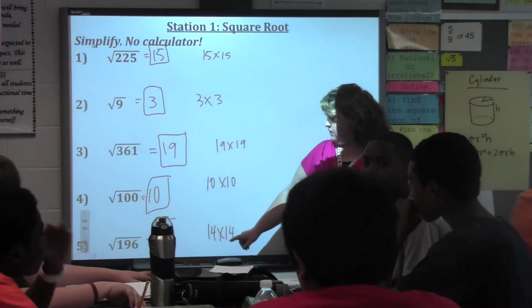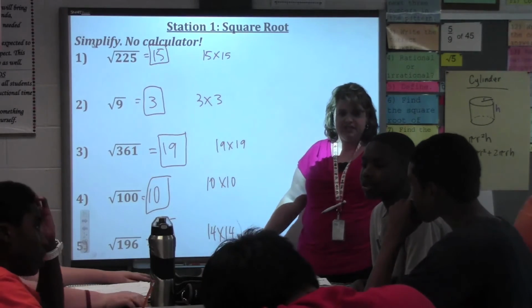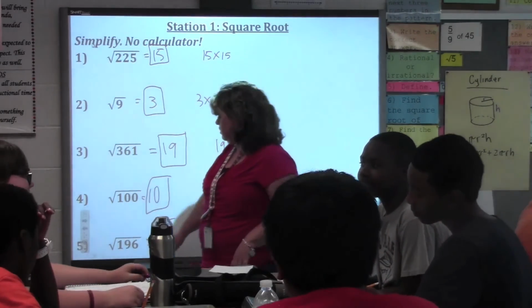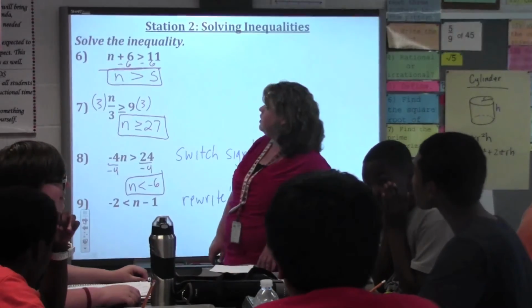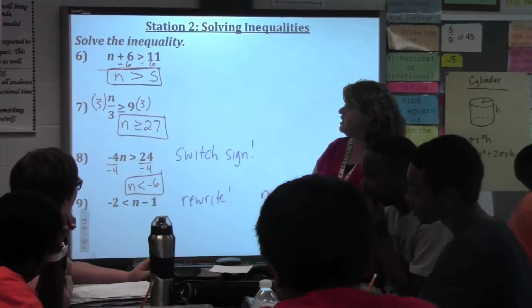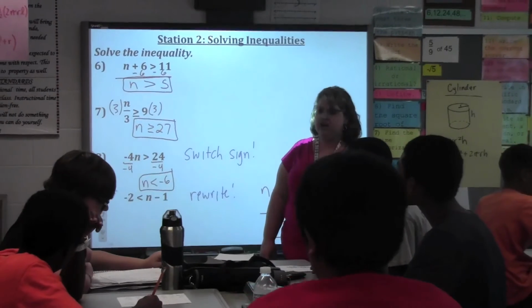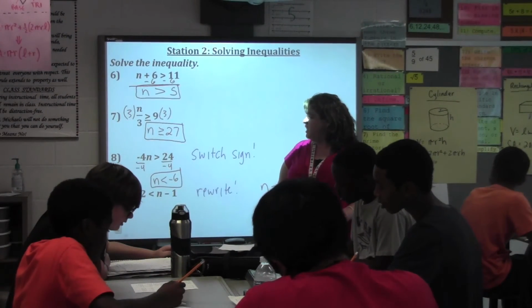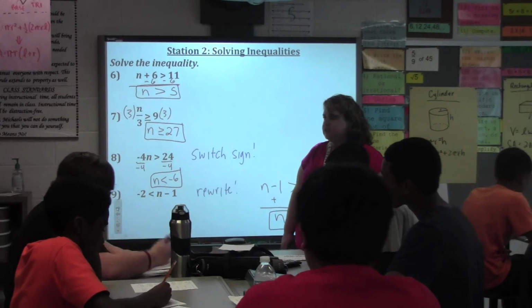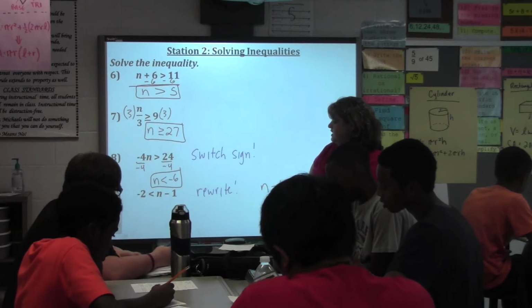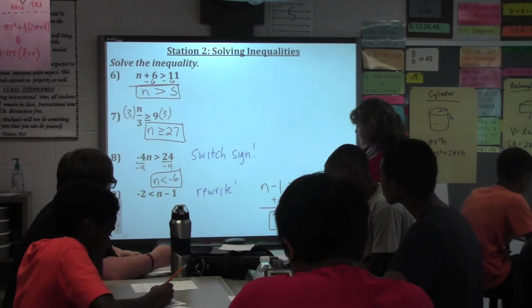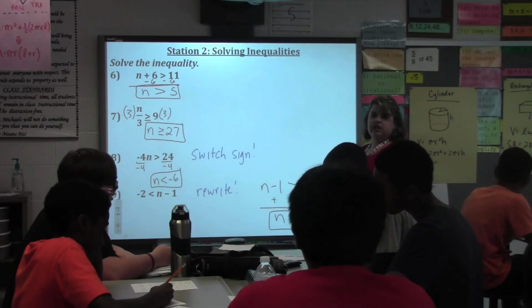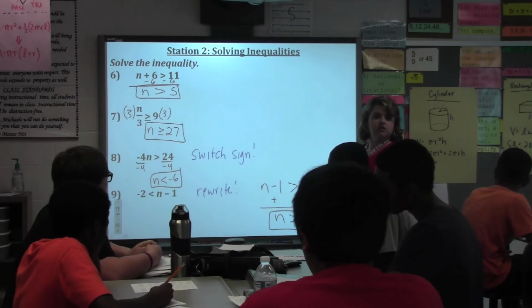Okay, so 4 times 4 gives you 16 to make it work. Number 6, N is greater than 5. Number 7, N is greater than or equal to 27. Number 8, N is less than -6. And number 9, N is greater than -1. Any questions on any of those?